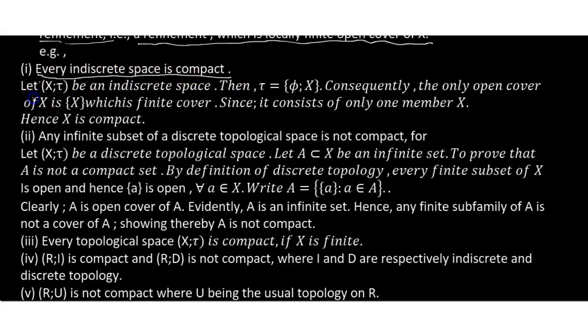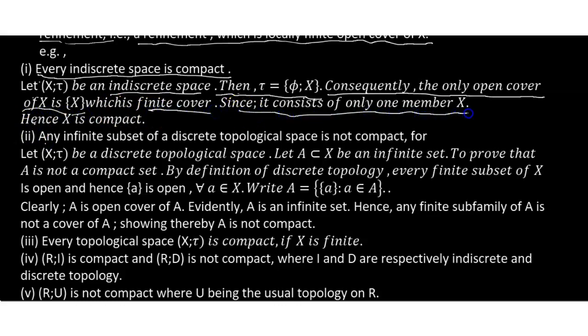Let (X, tau) be an indiscrete space, then tau is equal to {phi, X}, and consequently the only open cover of X is {X}, which is a finite cover since it consists of only one member X. Hence X is compact. Any infinite subset of a discrete topological space is not compact.